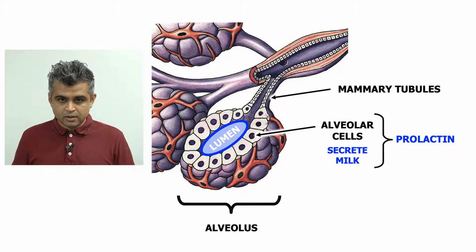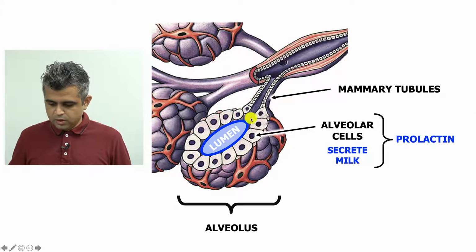And as you can see here, there are mammary tubules from various alveoli, not just this one. So here you have one alveolus, here you have another one, here you have another one. So this is the mammary tubule from the particular alveolus that we are studying. But there is one more mammary tubule here, and one more here.